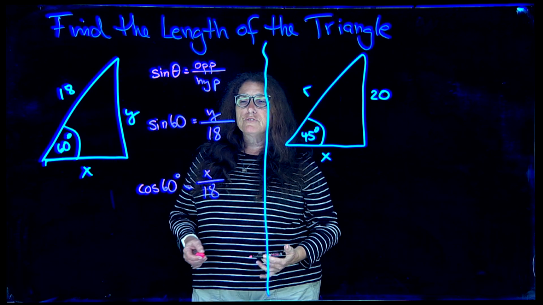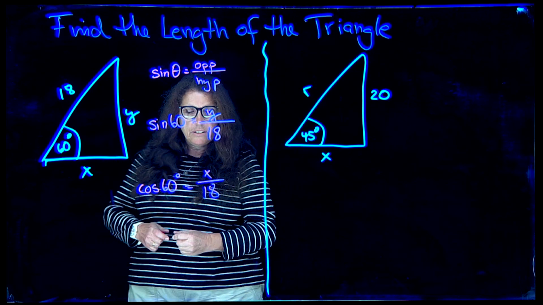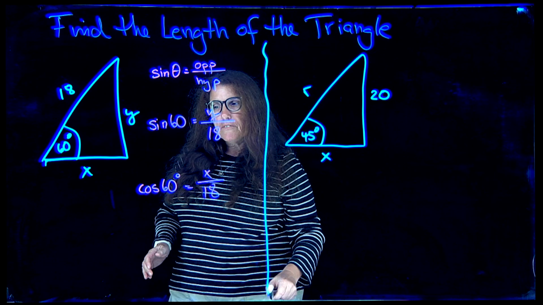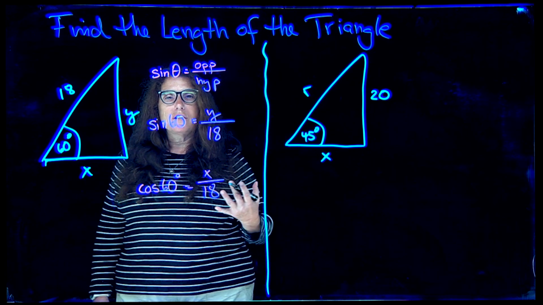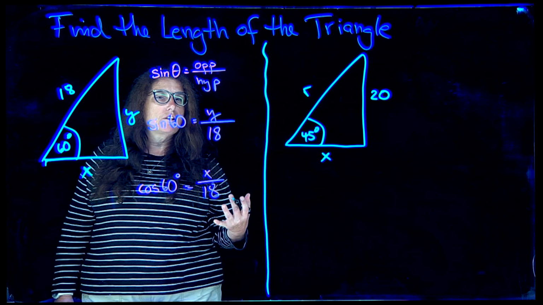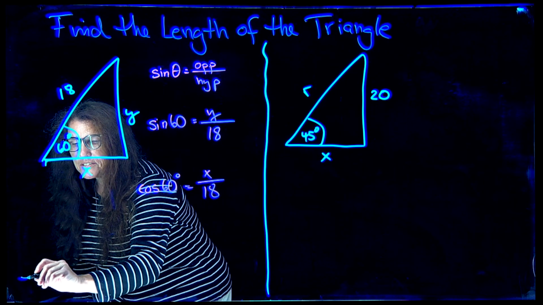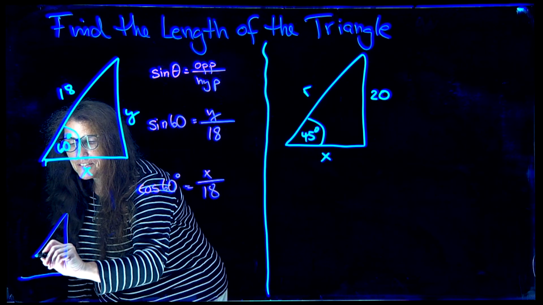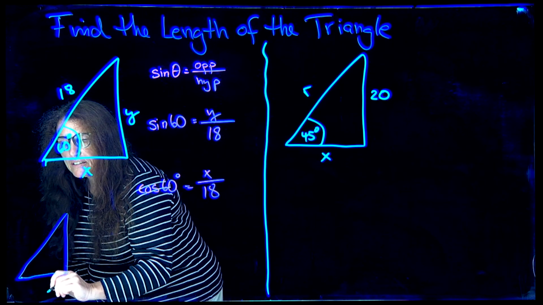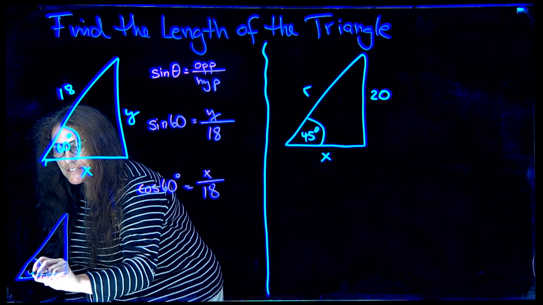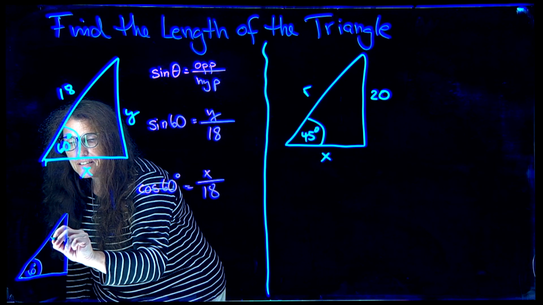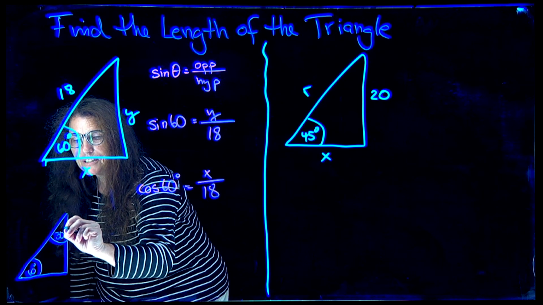Now, I do not want to use my calculator. Remember, I always say in class, draw a triangle for our special angles. Let's take a look at a 60-degree triangle. That is one of our special angles. If we have 60 degrees here, then this angle must be 30 degrees.